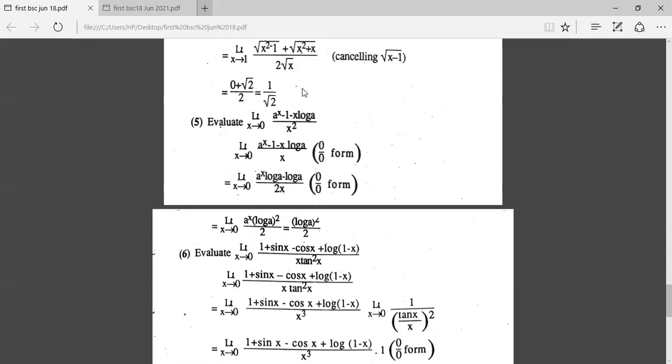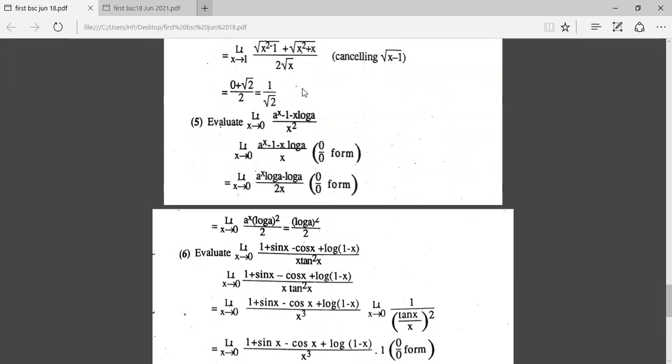Minus differentiation of 1 is 0, minus log a into differentiation of x, that is 1. So you get a raised to x log a minus log a, whole divided by the differentiation of x square, which is 2x, and then take the limit as x tends to 0.